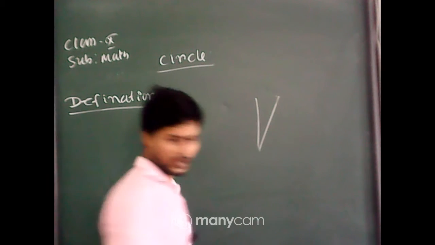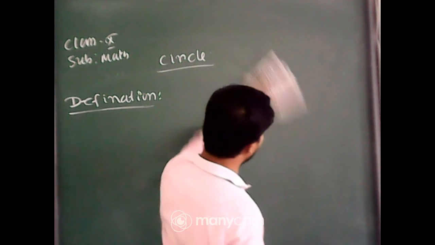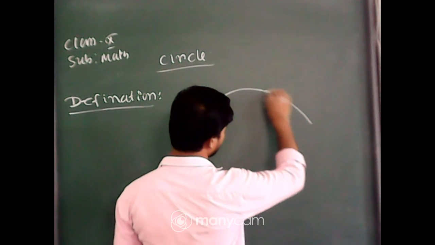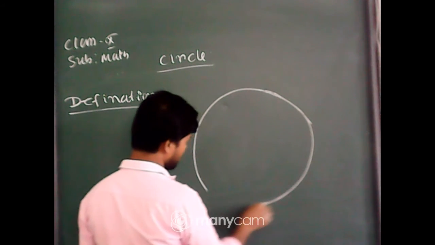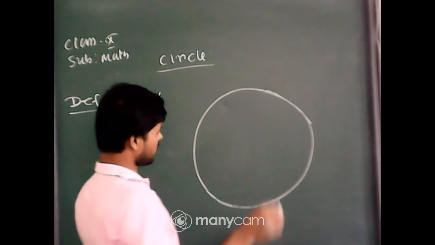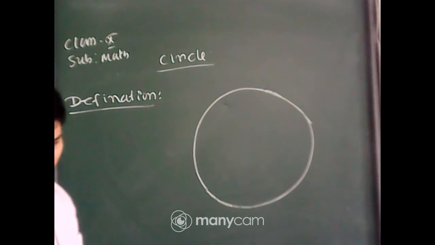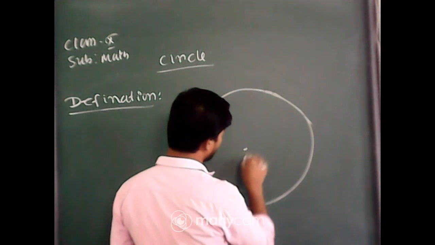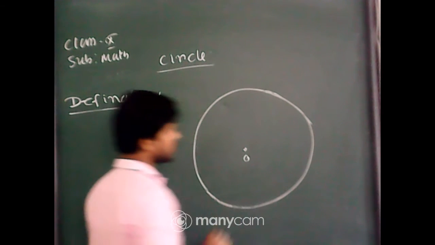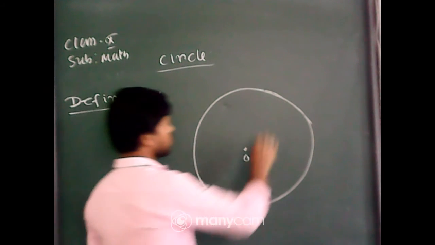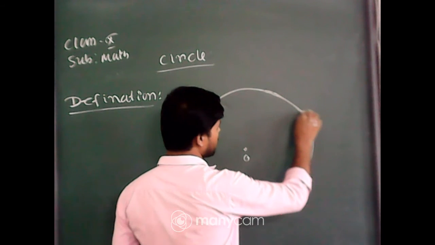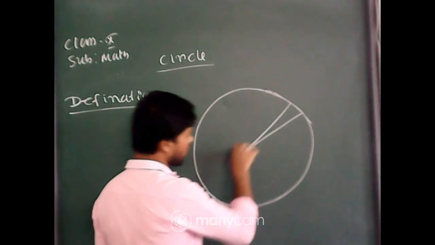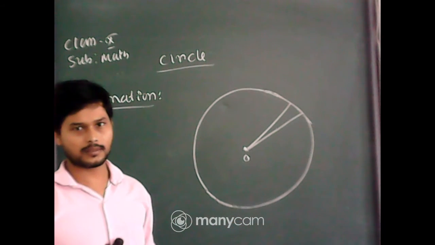So, if I draw a circle, it is like that. Approximately, this is the circle. Let this be the fixed point. Let the fixed point be O. Collection of all points in a plane which are at a fixed distance from a fixed point is called a circle.